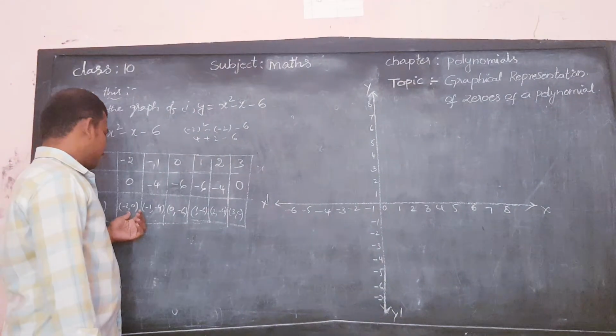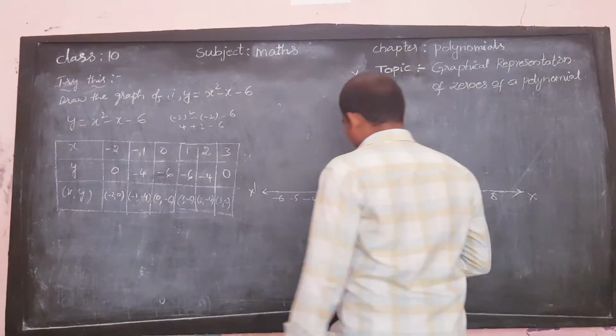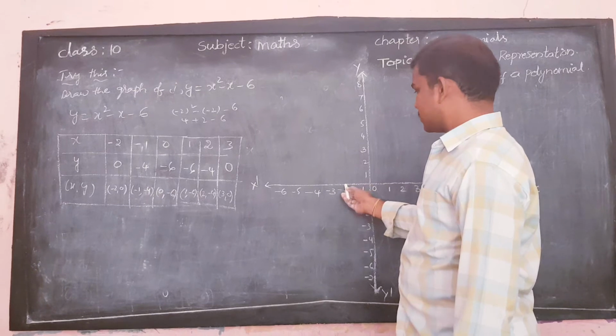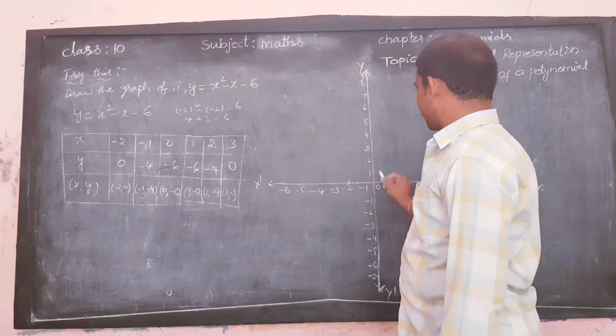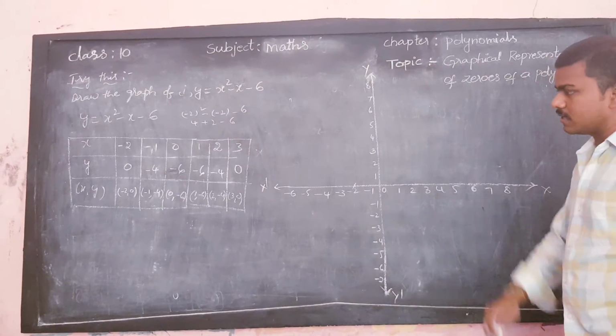Take the points: minus 2 comma 0. Minus 2 is the x coordinate and the y coordinate is 0.